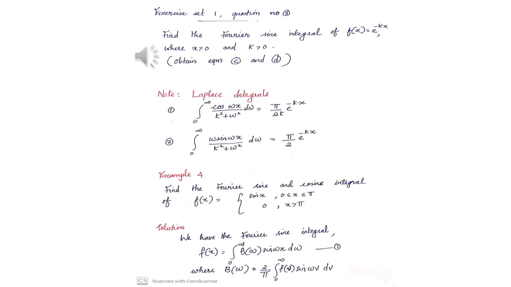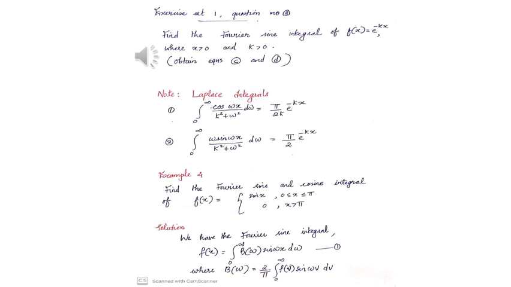Okay, now let us see the note. Laplace integrals, that is integral 0 to infinity cos omega x d omega divided by k square plus omega square is equal to pi by 2k into e raised to minus kx. This is what we got in example 3. Now the second formula, that is integral 0 to infinity omega sine omega x divided by k square plus omega square d omega is equal to pi by 2 into e raised to minus kx.